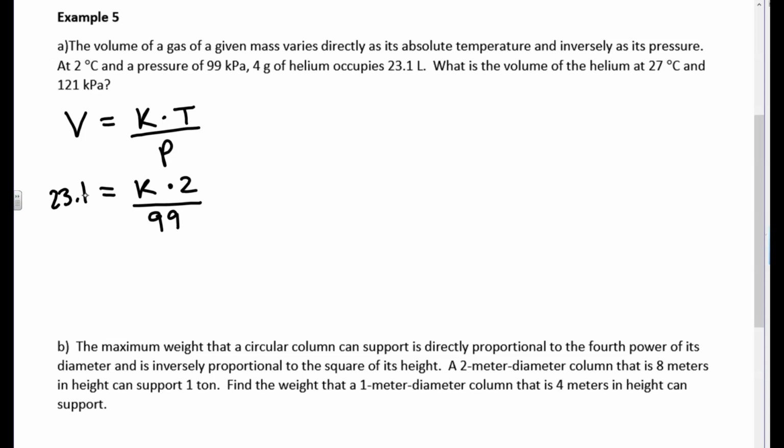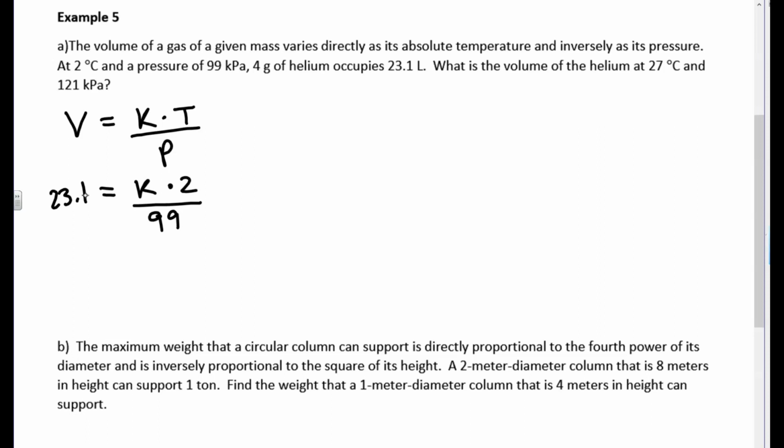I'd like to point out, guys, that the 4 grams is actually not necessary in this problem because you don't need to know mass for this. You only need to know volume, temperature, and pressure. What is the volume of helium at 27 degrees Celsius and 121?